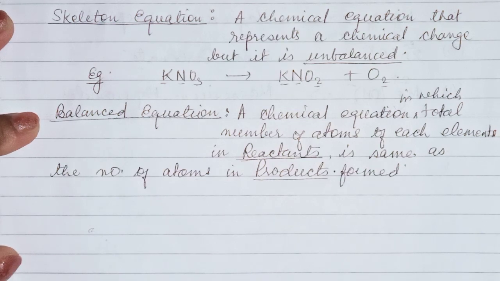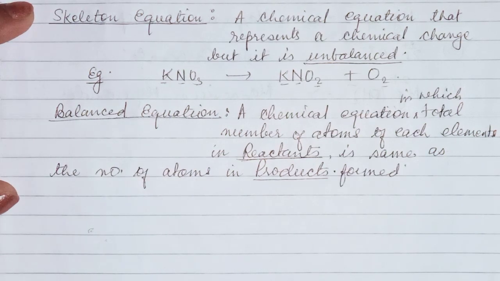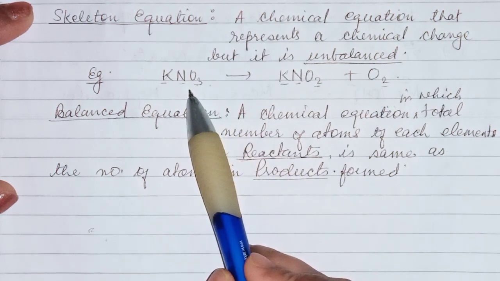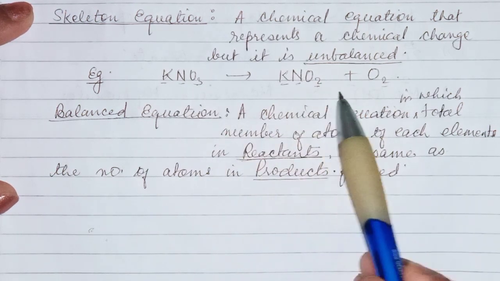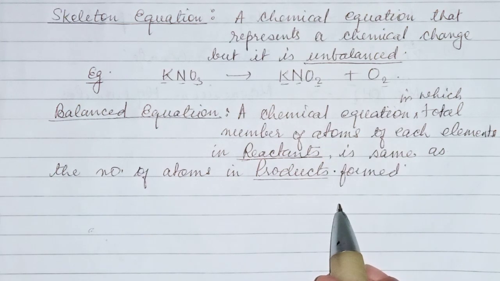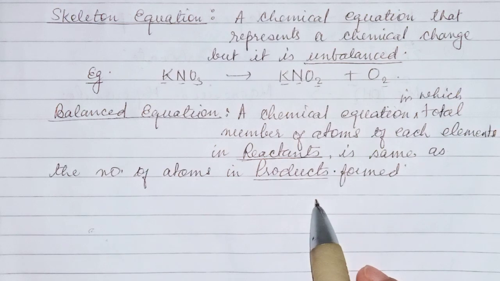Now children, we will learn how to balance an unbalanced chemical equation. One more thing, why do you need to balance the atoms on the left hand side and right hand side? Because according to the law of conservation of mass, mass can neither be created nor destroyed.